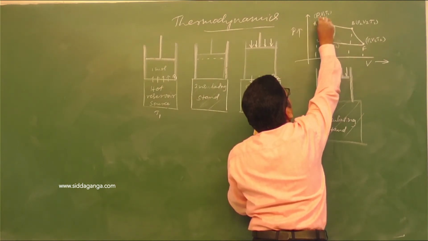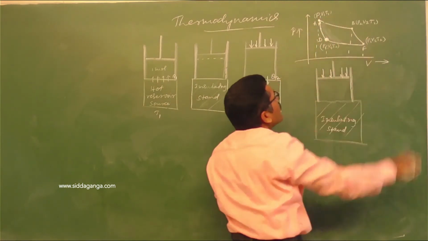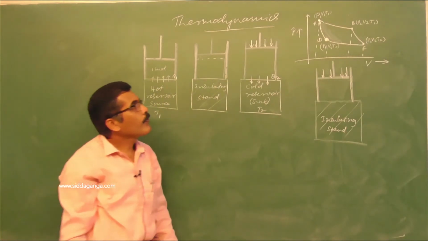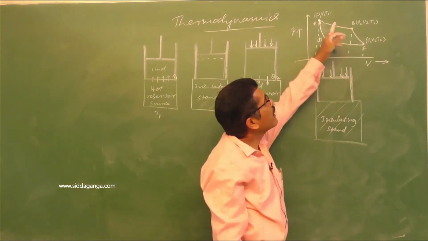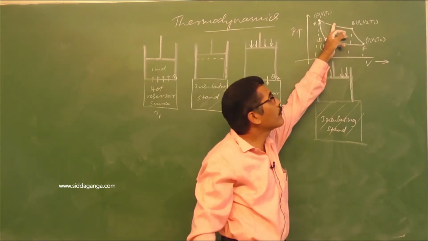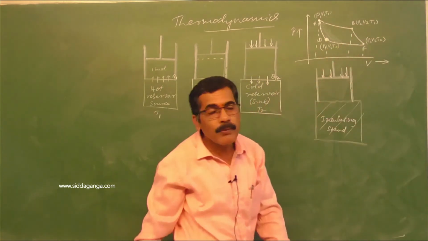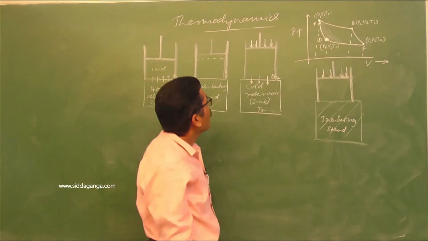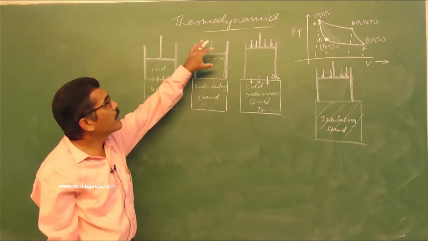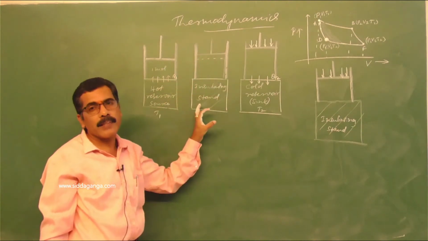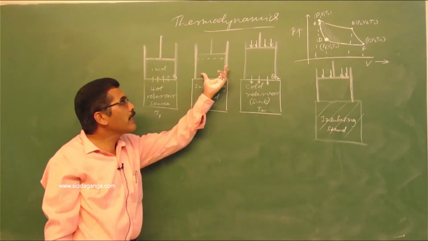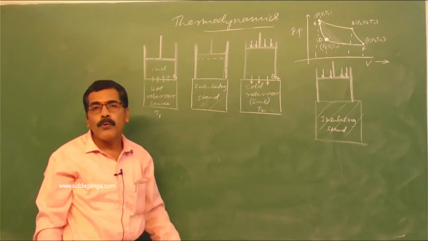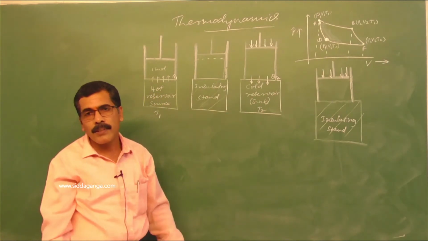AB represents the isothermal curve. Isothermal expansion: here temperature remains constant. Therefore, pressure becomes P2, volume V2, temperature is T1. Later, you keep this cylinder on the insulating stand. When you keep it on the insulating stand, the base also gets insulated. Now, no heat enters the system nor leaves the system.